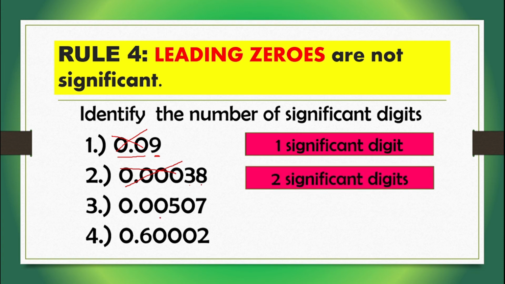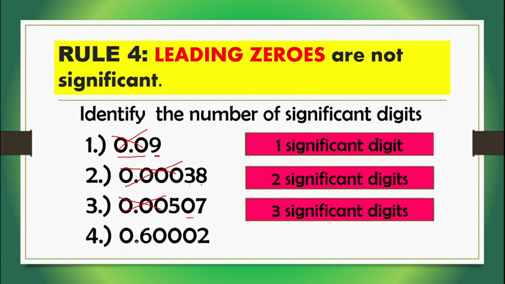How about in here? As you observe, we have leading zeros that are not significant. But there is a zero between significant digits, and therefore this zero is still significant. So if we count them, we will have 1, 2, 3 significant digits. And for the last one, we have 0.60002.